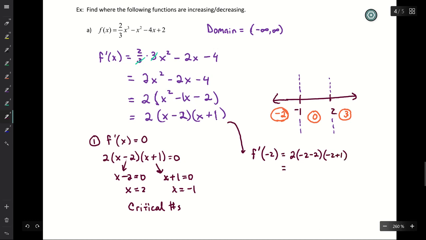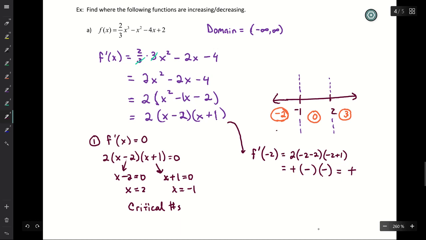The 2 is obviously going to be positive. Then -2 minus 2 is going to be a negative number. And -2 plus 1 is still negative. So we're multiplying a positive times a negative, which is negative, and then times another negative, which ends up being overall positive.